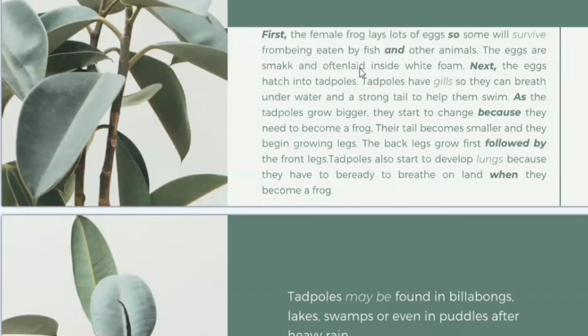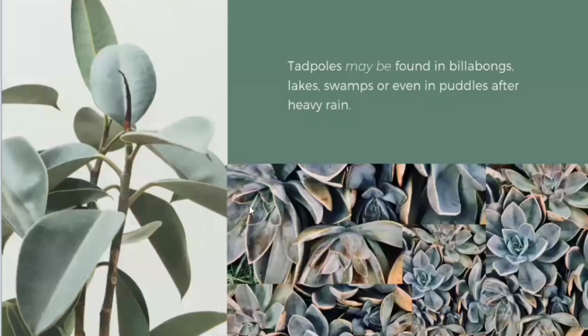Then the first, the female frog lays a lot of eggs, so some will survive from being eaten by fish and other animals. This is about the time sequence.